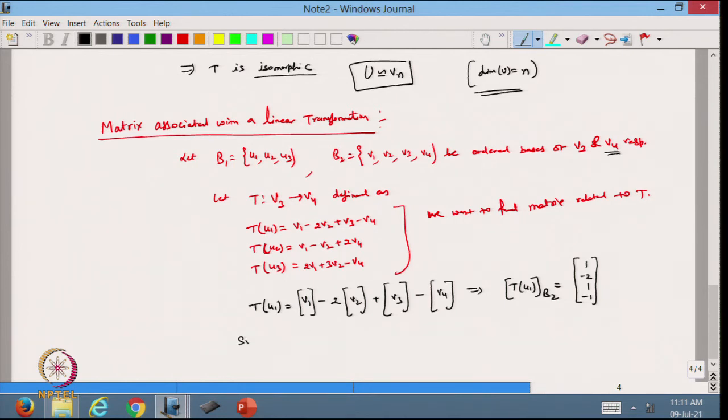Similarly, I can define T U2 with respect to the basis B2, which will be (1, -1, 0, 2), and T of U3 with respect to basis B2 will be (2, 3, 0, -1). These are all the coordinates we have defined corresponding to the different vectors.